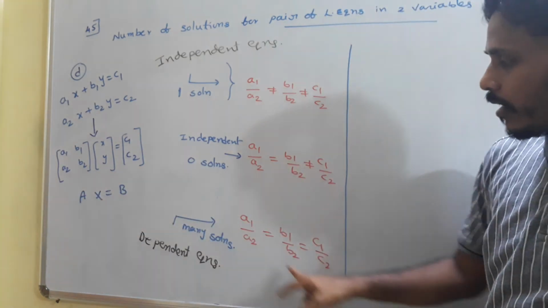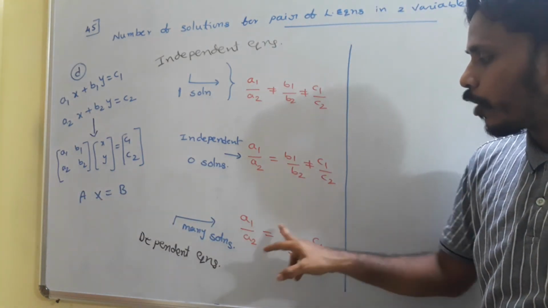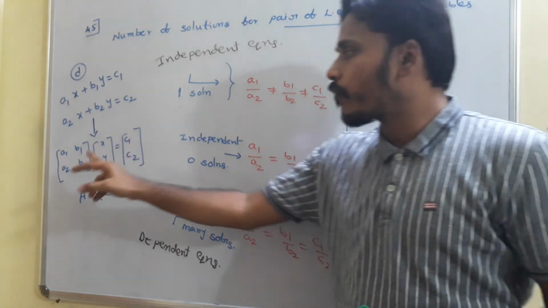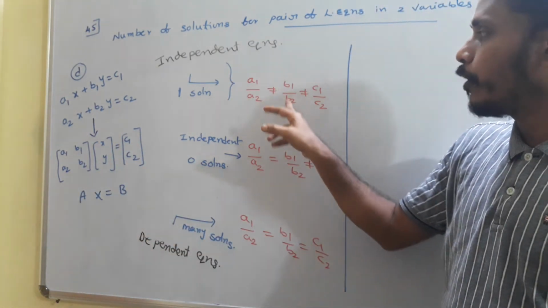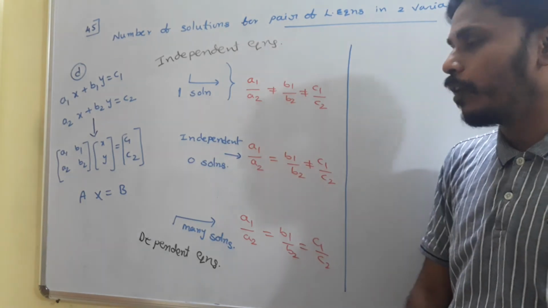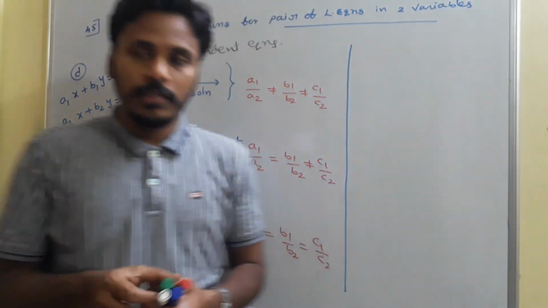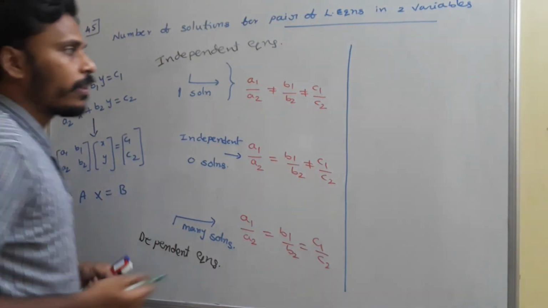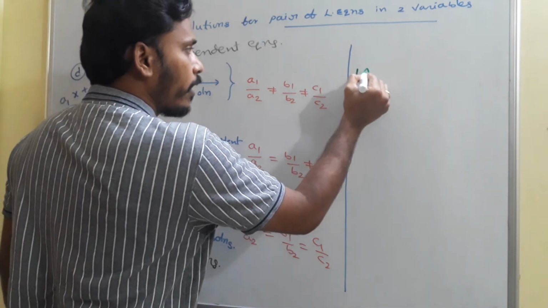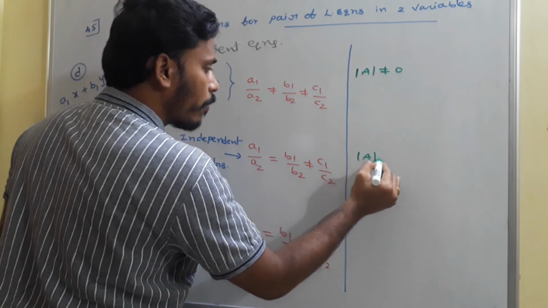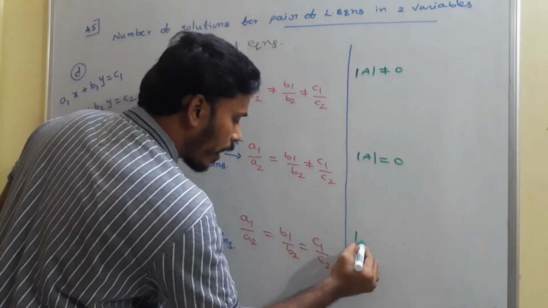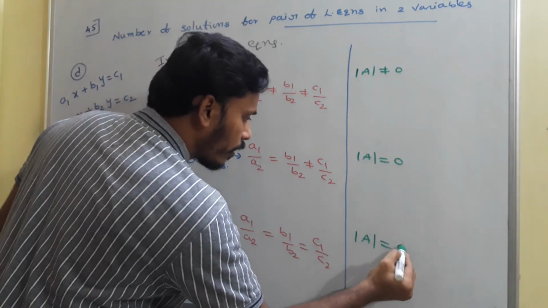In this case again, A1B2 is equal to A2B1, so the determinant of A will become 0. Whereas in the first case, A1B2 is not equal to A2B1, so the determinant of A is not 0. So in the first case, determinant of A is not equal to 0, and here determinant of A is equal to 0, and here again determinant of A is equal to 0.